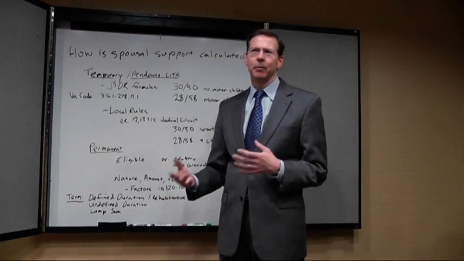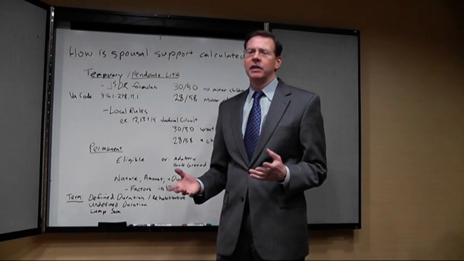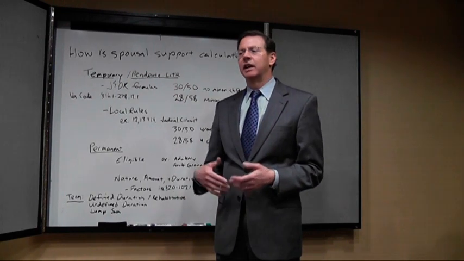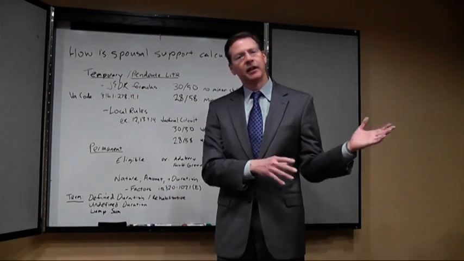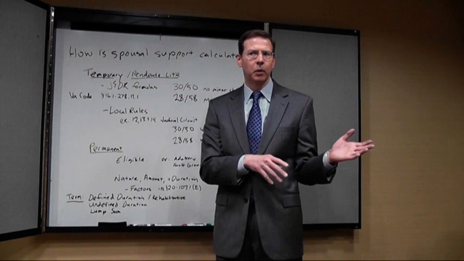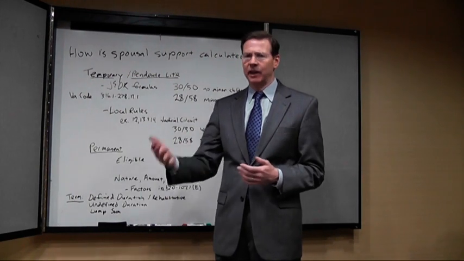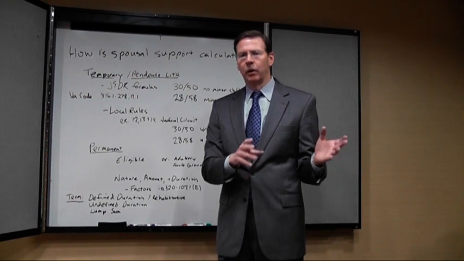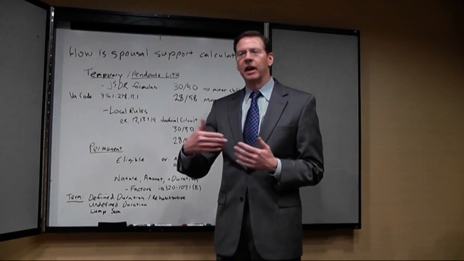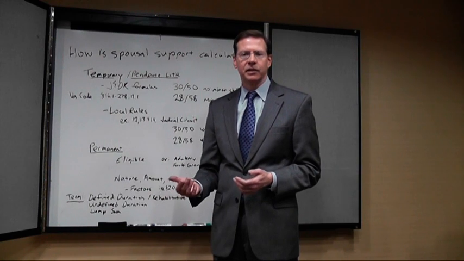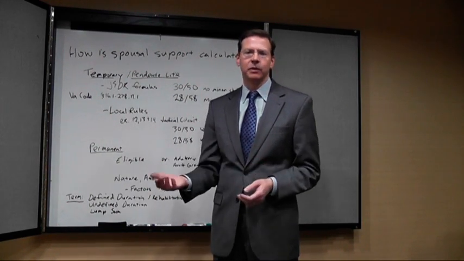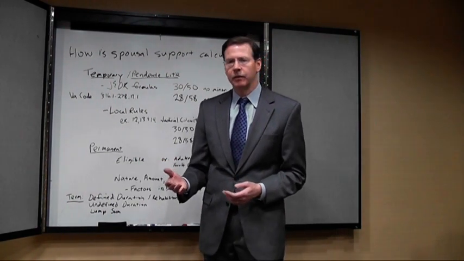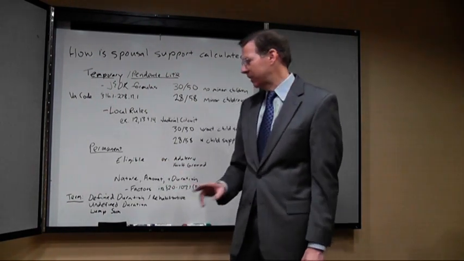The classic example of this would be in a marriage where one spouse has given up the opportunity to work and advance in his or her career and depended on the other spouse for his or her support, but is able to get the training or education they need to resume their career or their work path. The money necessary to allow that spouse to do that, for instance, support to allow them to complete their college degree, might be ordered as rehabilitative support for a defined duration.